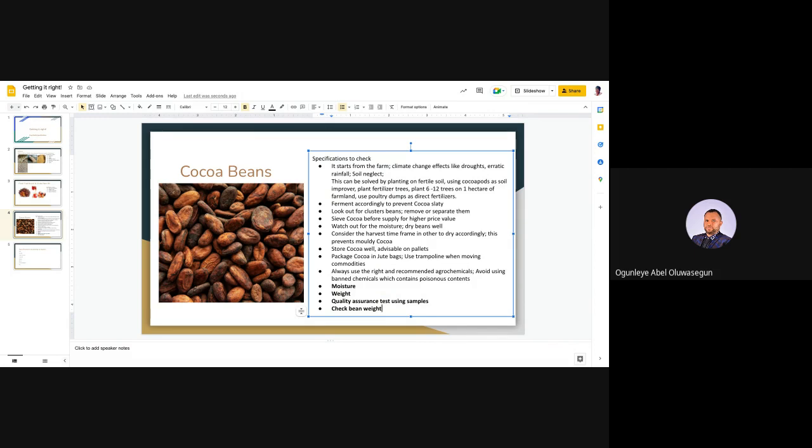If your bean count is very low, in some areas now, like in Gboran and Co, I think we have like 222 gram, 230 gram, 221, and so on. Whereas in other areas it can go above. So depending on your area, we can take your cocoa if you have good bean count, but if you have lower bean count, it will be rejected.